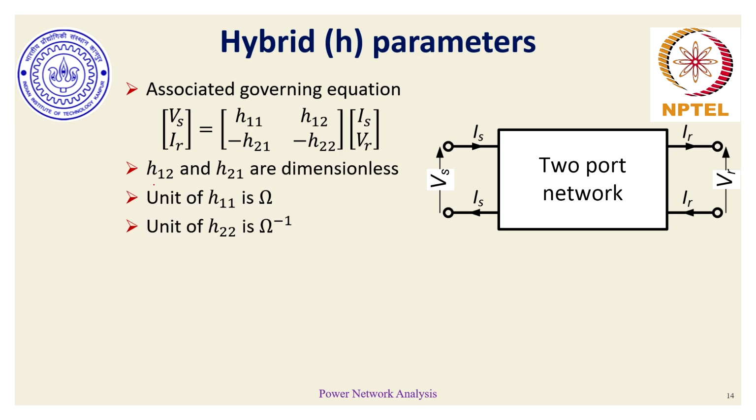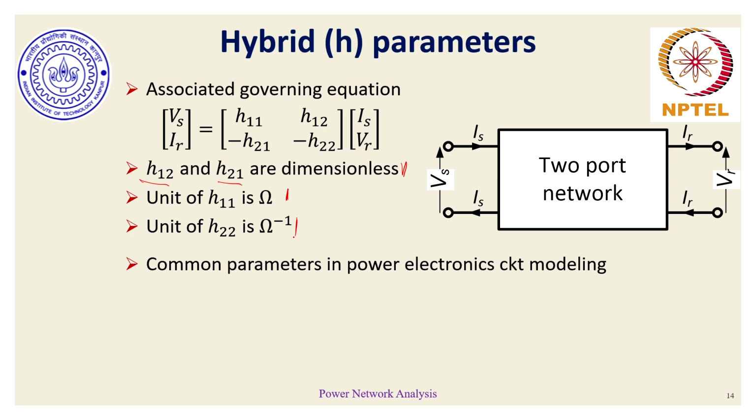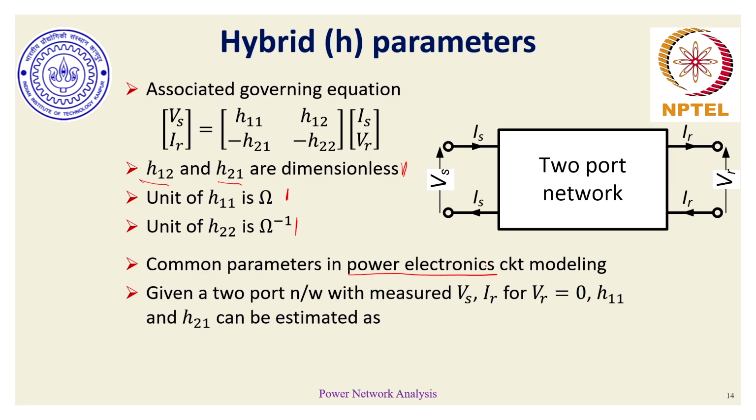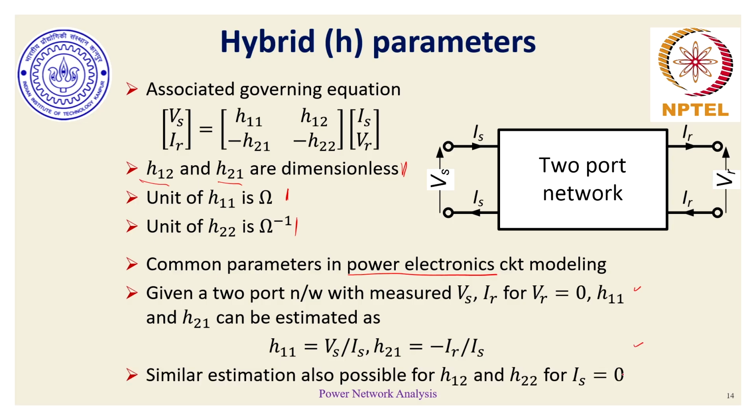On similar lines, H12 and H21 are dimensionless, where H11 is impedance and H22 is admittance. It's a very common parameter representation for modeling power electronics based circuits and switches. By carrying out different open circuit and short circuit tests, one can evaluate the corresponding H parameters also.